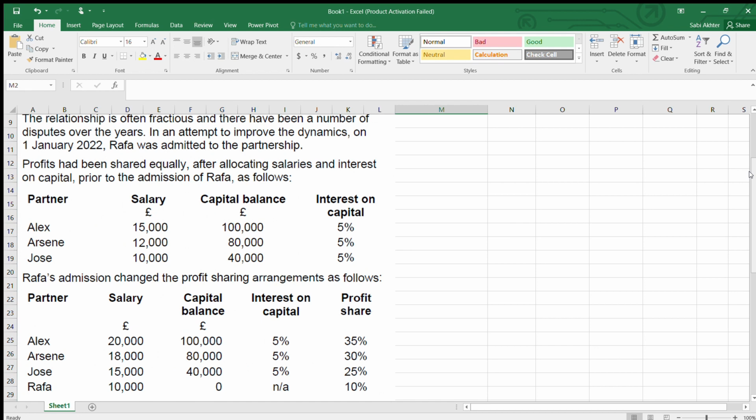I'm going to use Excel for it since we have lengthy questions to do here. So here we are going to have 4 columns. First, step 1. What is step 1? Allocate the salary, interest on capital and PSR among the partners. So let's quickly do that.